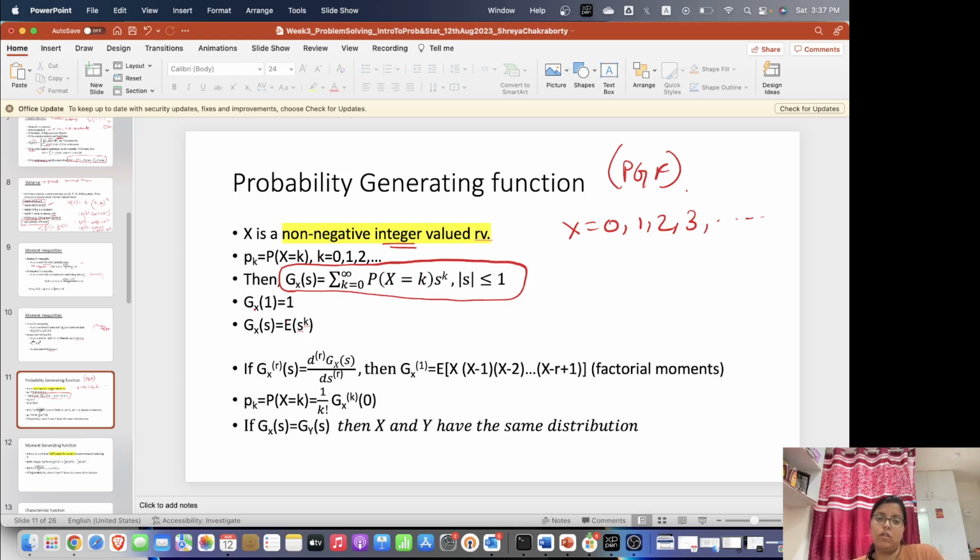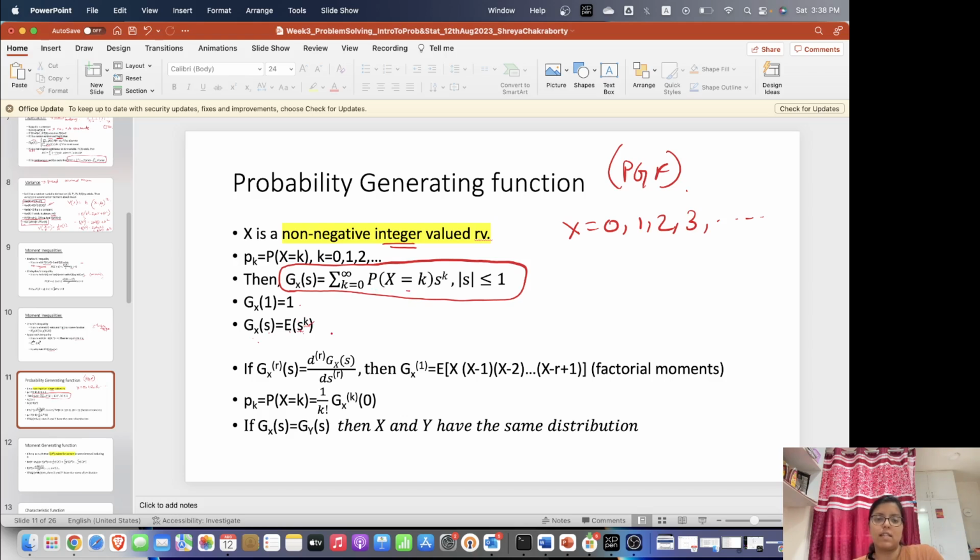So this function G_X(s), if I just look at it in this manner, is nothing but expectation of s to the power X. Whatever expectation we have, we wrote that term multiplied by the probability x equal to k, and then we are summing it over all k's.